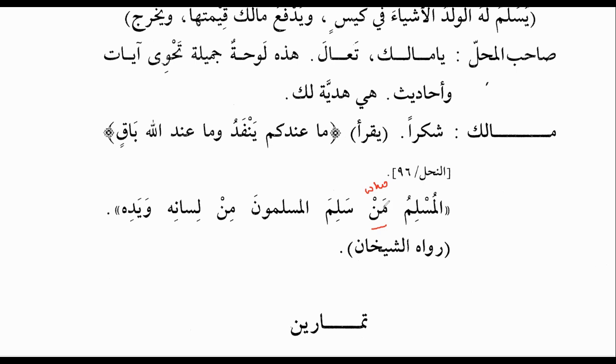Here the meaning is the one who. Salima means to protect, to be safe, to make safe. So who is a Muslim? The one who protects, who safeguards Muslims, the mu'mins.